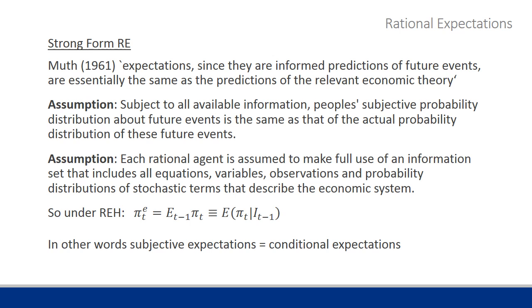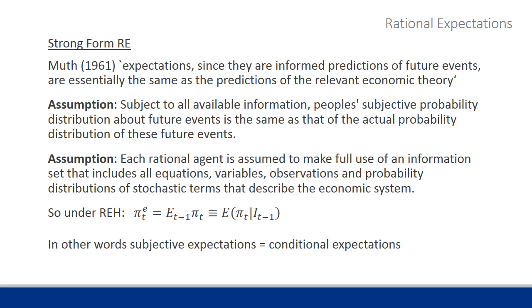More specifically, subject to all information, people's subjective probability distribution about future events is the same as that of the actual probability distribution. So he's assuming that the distribution of guesses about the future is the same as the distribution of actual future events, so that the mistakes that people make cancel each other out.